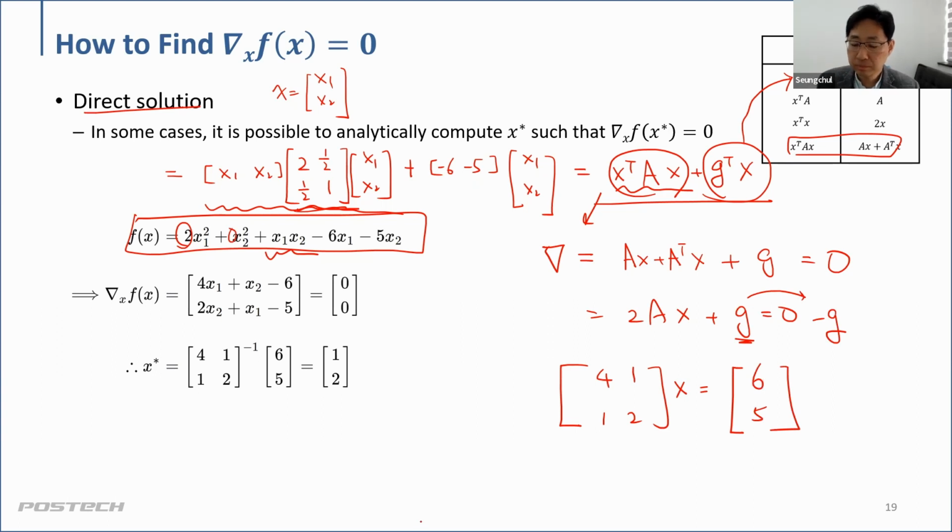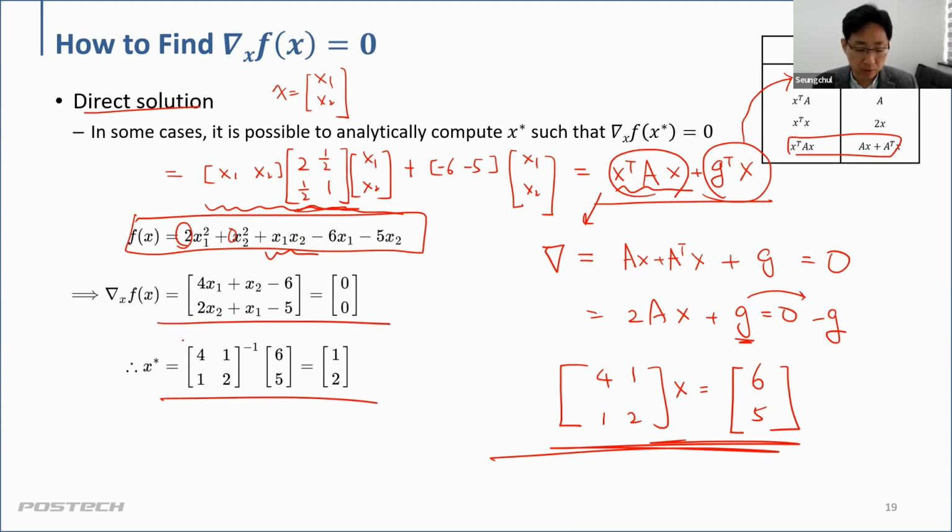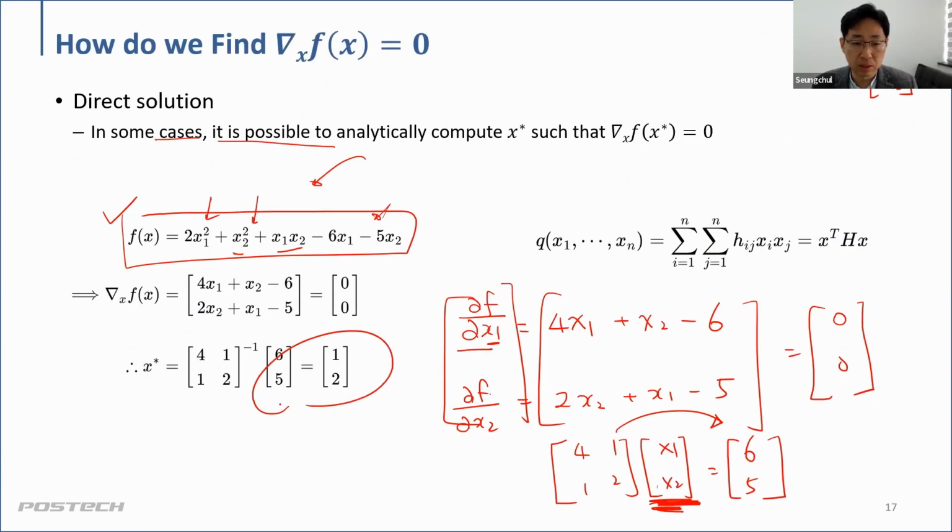So 6 and 5. So this one is exactly the same as in the previous case, like what I did.